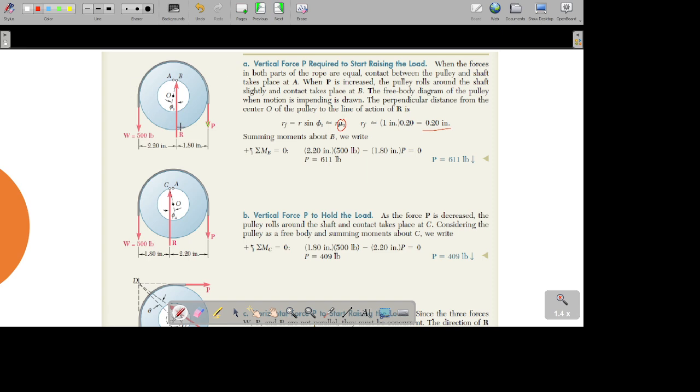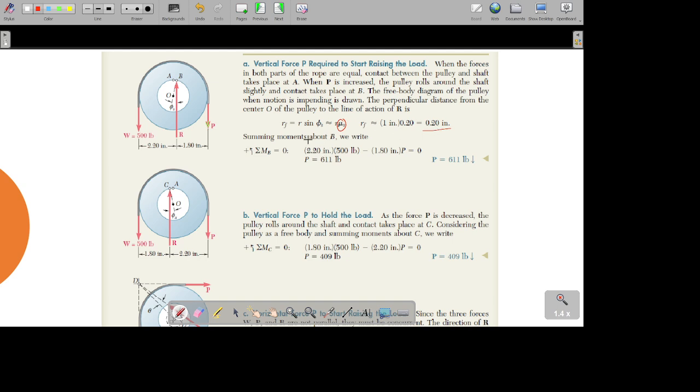So now look at the picture. Summing the moments about B, we are taking moments about B. So summation of moments about B will be 0, and for this 500-pound load, the distance of the W force from B will be the radius of the pulley, which is 2 inch, plus 0.20 inch.